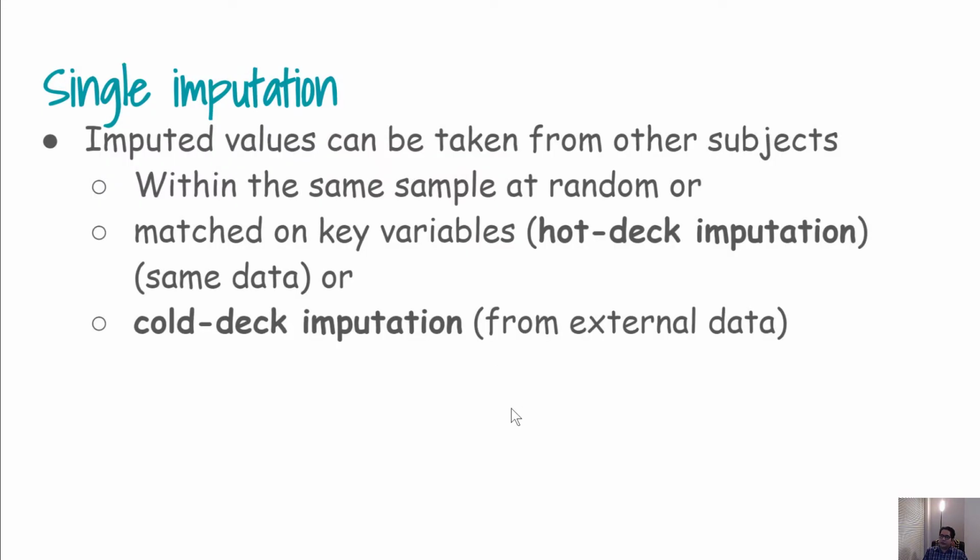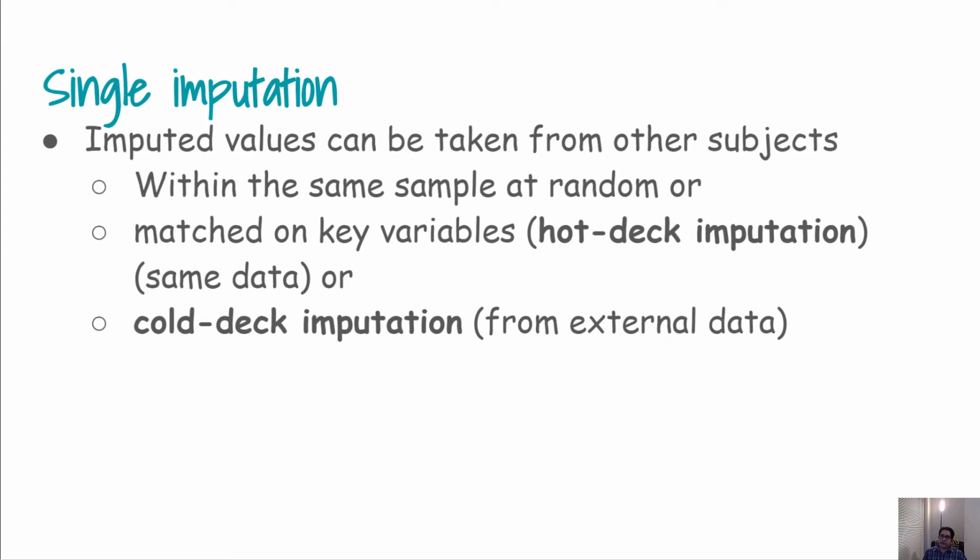Alright, so in terms of single imputation, the basic idea is that we would impute the missing values. Say, for example, you have an age variable and a person who has that age variable missing.